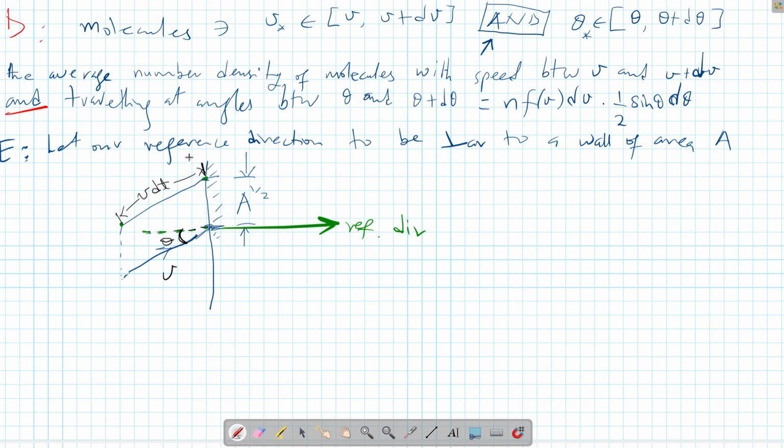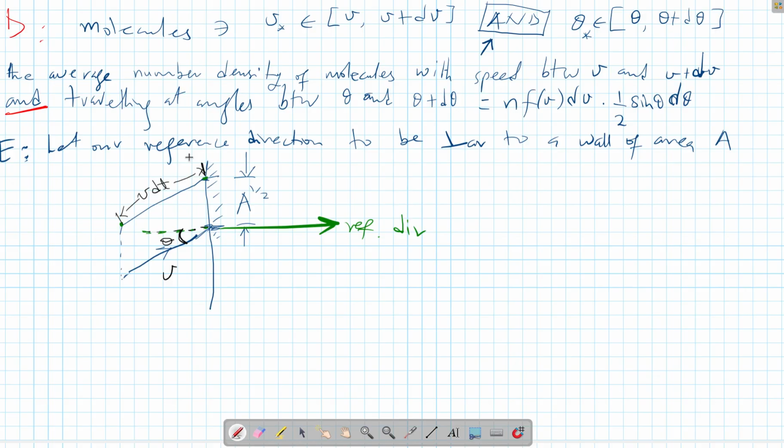And with this sketch, we want molecules, remember, traveling with speed between v and v plus dv, and also traveling at angles relative to some reference direction.